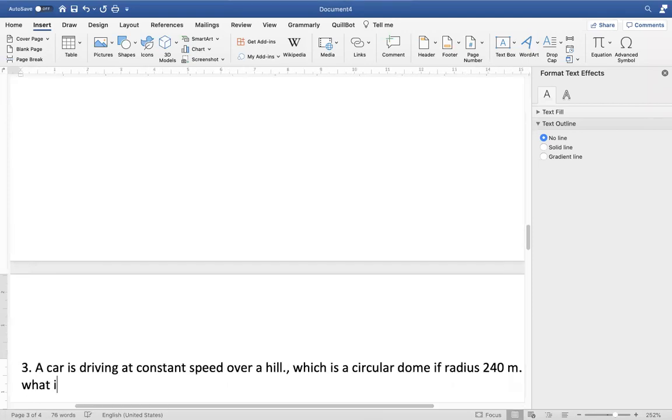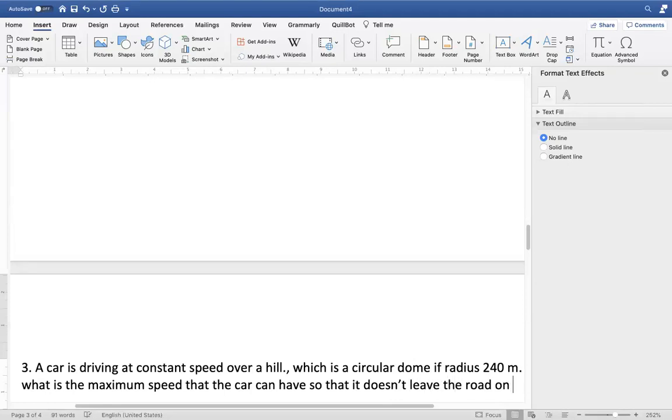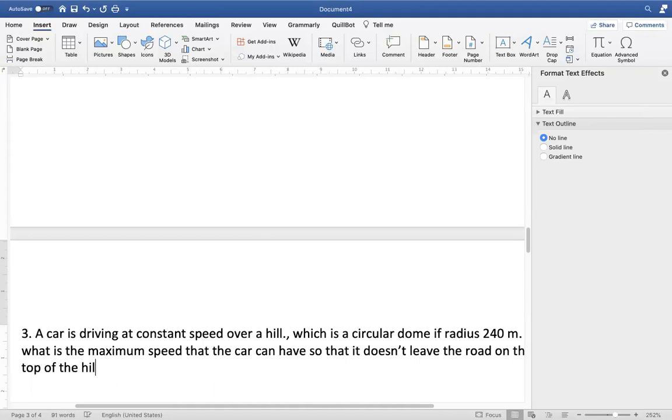So what is the maximum speed the car can have so that it doesn't leave the road on the top of the hill?